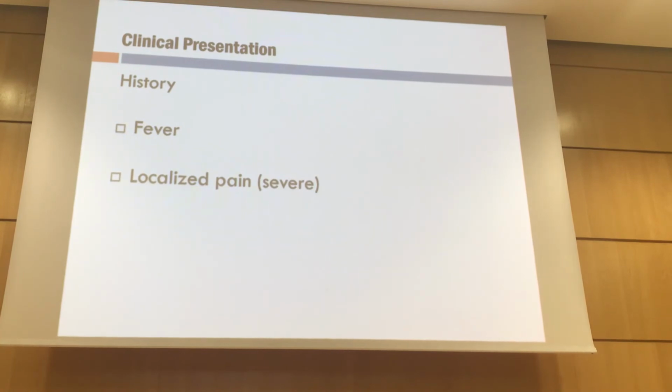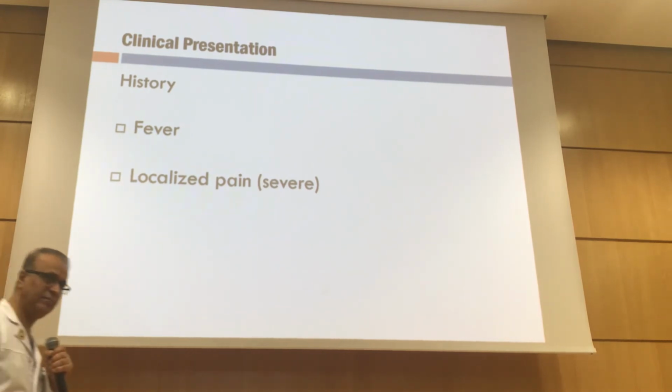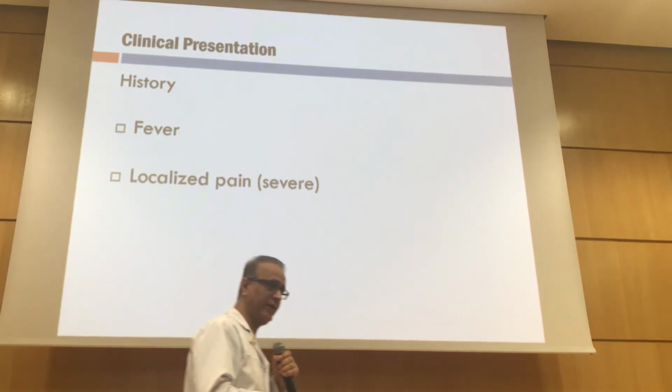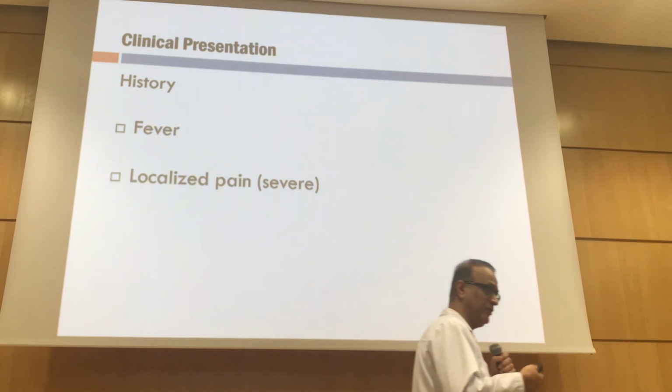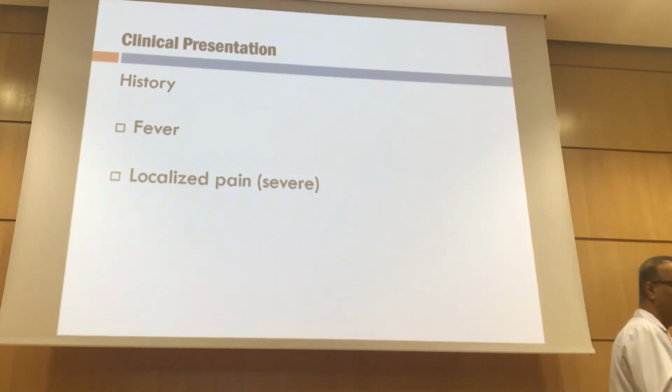So the patient will usually present with signs of inflammation: pain, swelling sometimes, fever. You ask the patient what happened, whether they had manipulations or trauma, or whether the patient is diabetic with a diabetic foot.